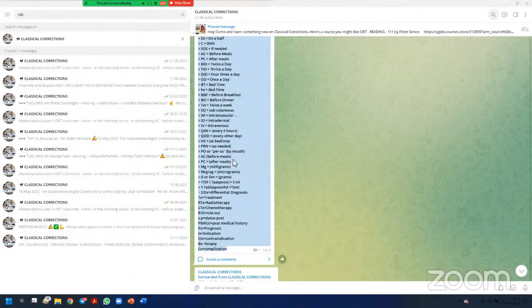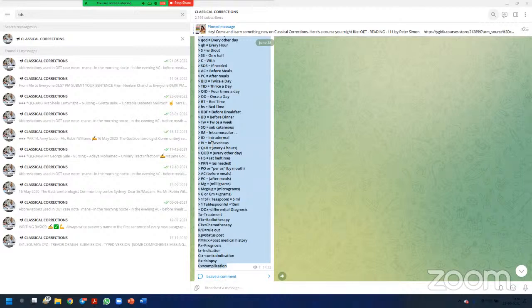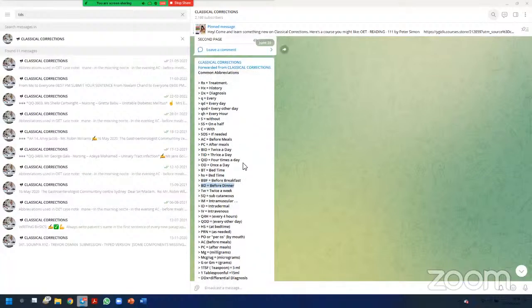So IM means intramuscular. IV means intravenous. You have to use it. You have to use these things very carefully. BD means before dinner. BID means twice a day.